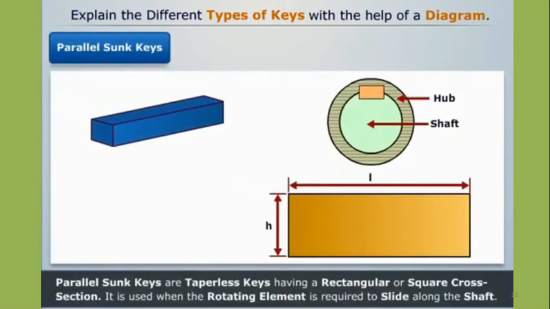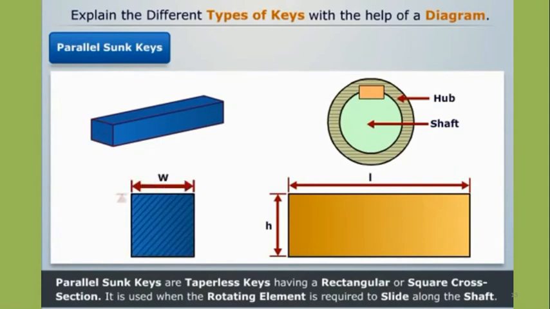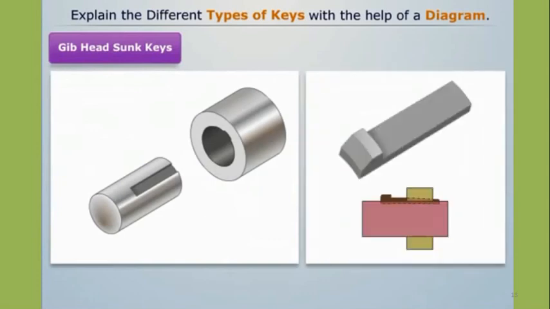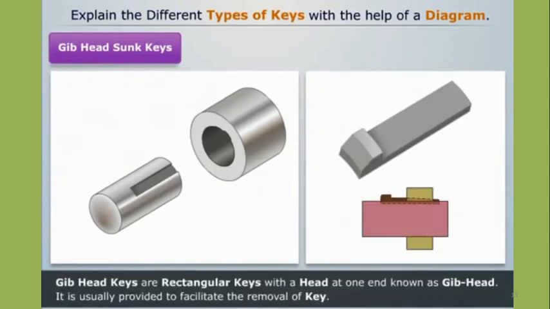Parallel sunk keys are taper-less keys, having a rectangular or square cross-section. It is used where the rotating element is required to slide along the shaft. Ship head keys are rectangular keys with a head at one end, known as ship head. It is usually provided to facilitate the removal of the key.